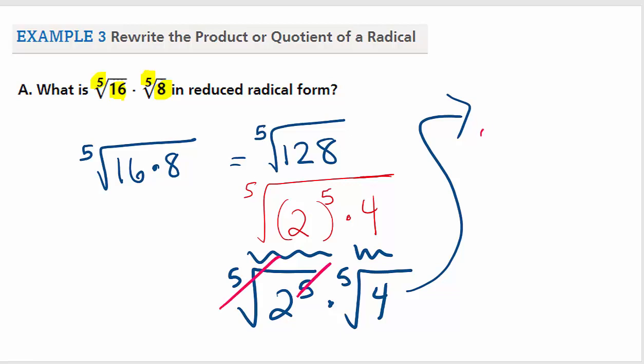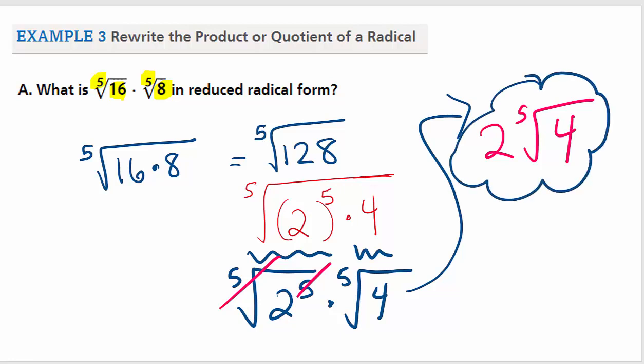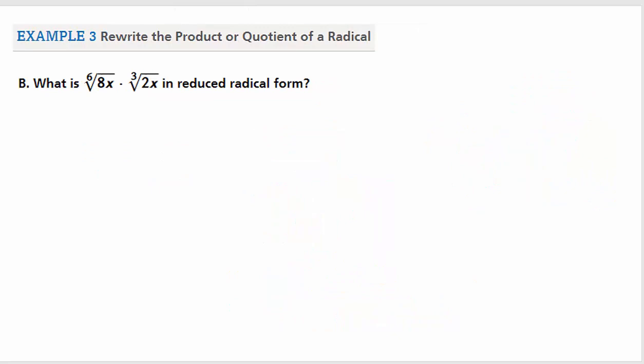These are going to cancel, so we're left with 2, and we cannot simplify the 5th root of 4, so we leave that. And our solution is 2 and the 5th root of 4. Now we're going to rewrite another one.